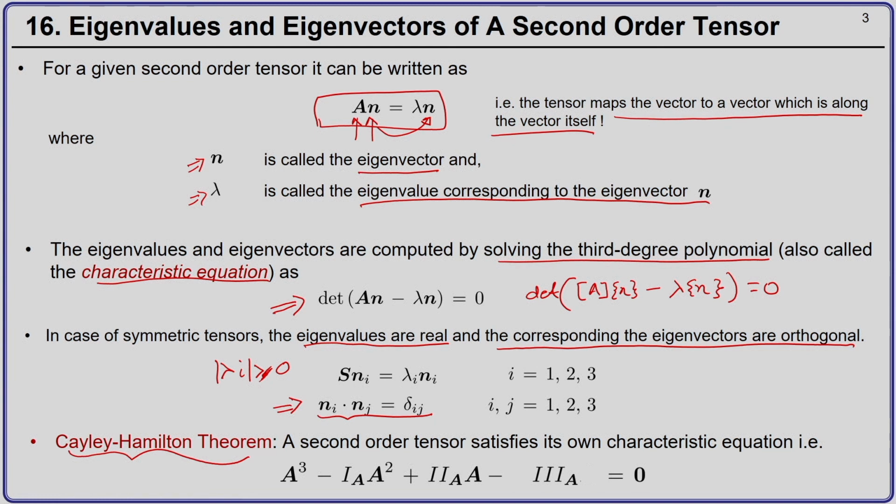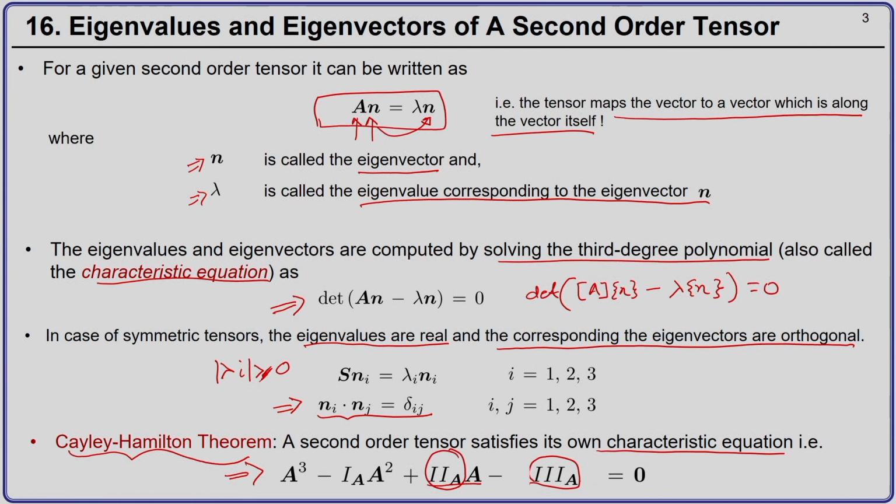What it states is that a second order tensor satisfies its own characteristic equation, which is given by A cube minus I1 A square plus I2 A minus I3 A equal to 0. Here I1 is the first invariant of tensor A, I2 is the second invariant, and I3 is the third invariant, which is nothing but the determinant.